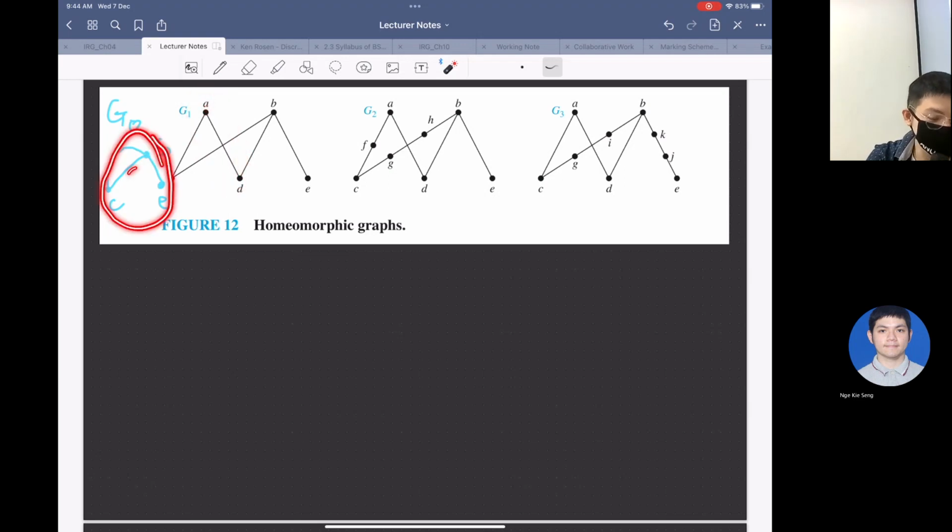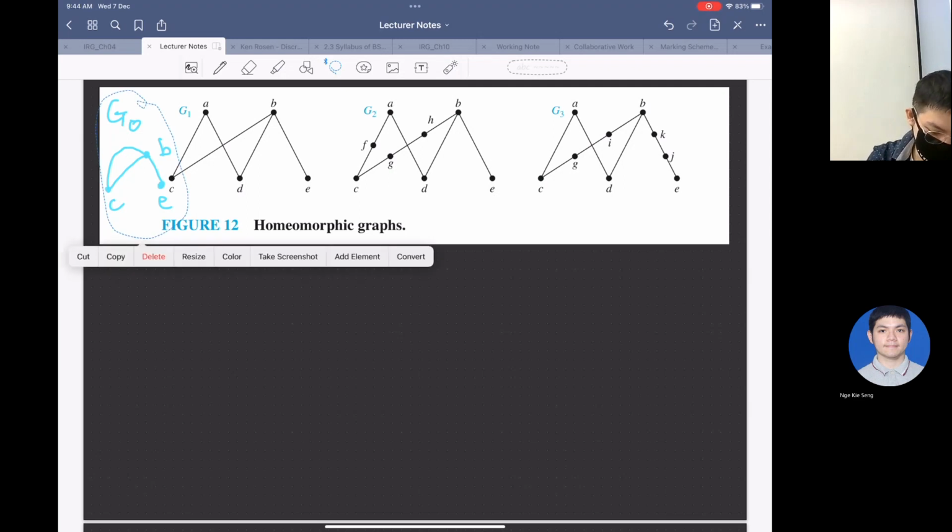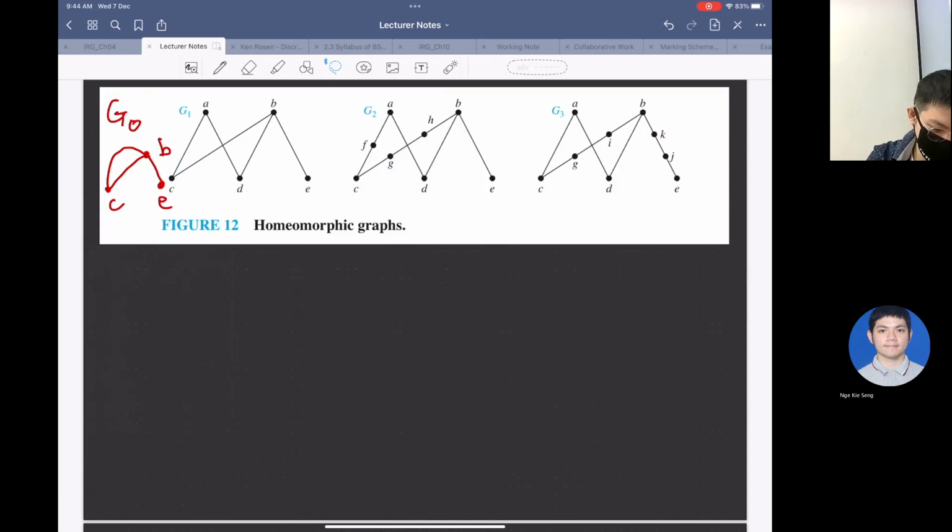I think this one is the simplest one. Color okay or not? Need to be darker. You can see this one can go into a simpler form. So you can take this edge, add in A and B to become G1.